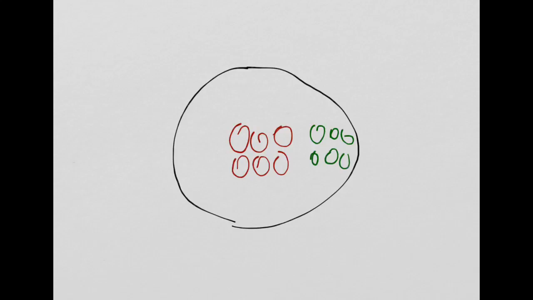Going on now to sarcomere hypertrophy. I draw a cell here, and here are our muscle fibres. I'm going to pop in our organelles, our mitochondria, here's our glycogen levels and our cytoplasm. Now, with sarcomere hypertrophy, we are looking at strength training.